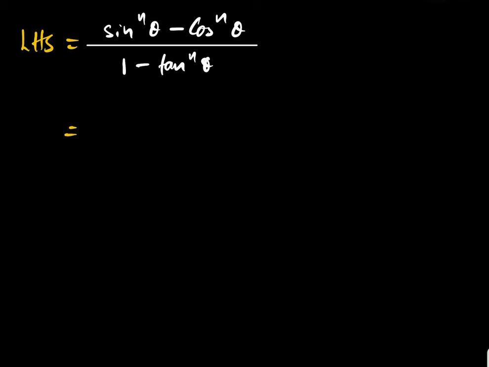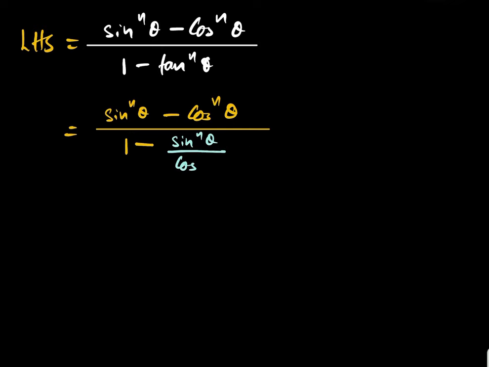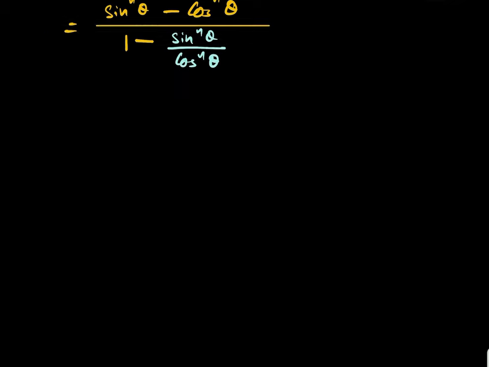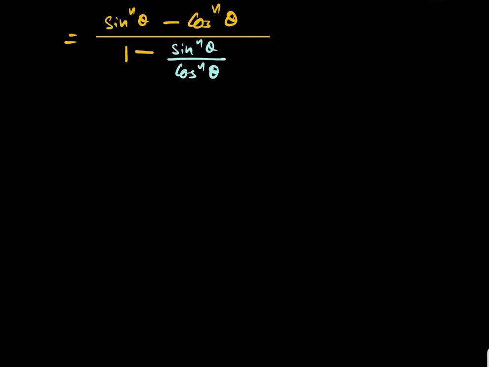So we are going to have sine of n theta minus cos raised to the nth power of theta. You change that tangent to be sine of n theta over cos of n theta, just like that. And then you take your LCD in your denominator.